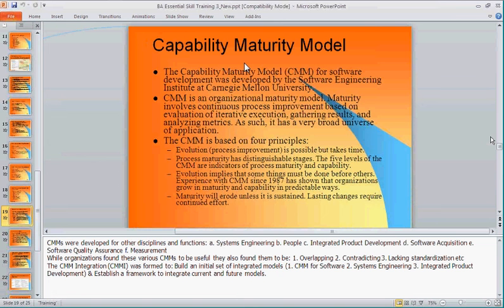Now, as a CIO, I may not have that kind of money to hire or engage with one of these partners, CMM partners, right? So there is a cheat sheet, a checklist. I can do that evaluation personally without paying anybody. Now, when I do that, of course, there's a risk that it may not be as objective, right, as if you got somebody else.